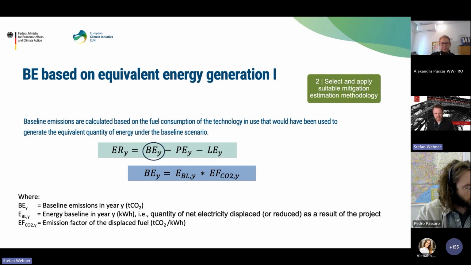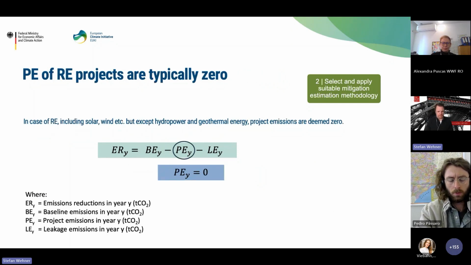In our case, we said that in the baseline situation, the electricity would come from the grid. So we need to apply an emission factor related to the national grid. There are sources out there where you can find them. So what you need to know is actually the electricity generated by your project and replaced by it.